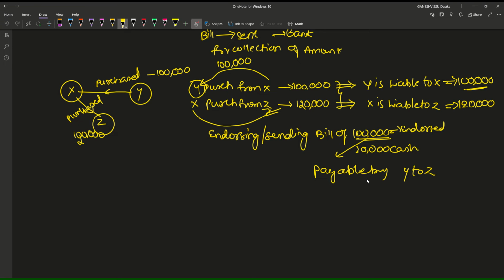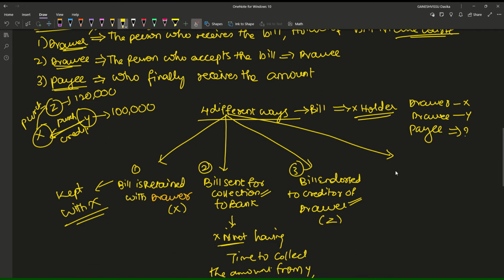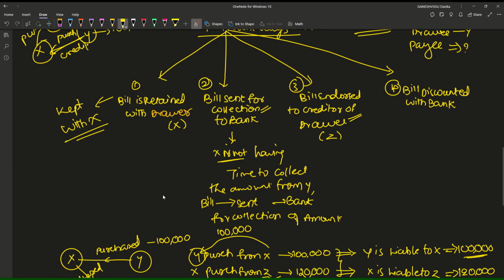We can discuss these transactions in detail. The last case, the fourth one, is bill discounted with bank. So what is this bill discounted with the bank?